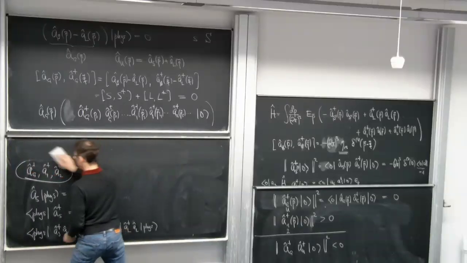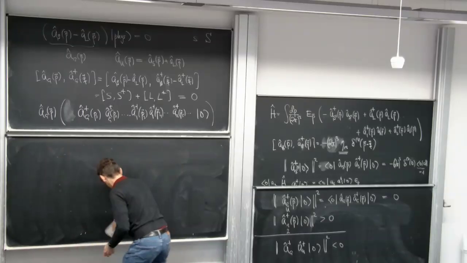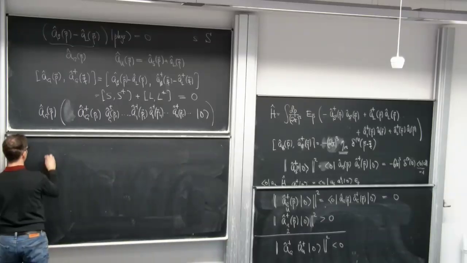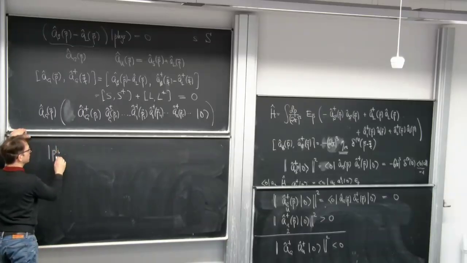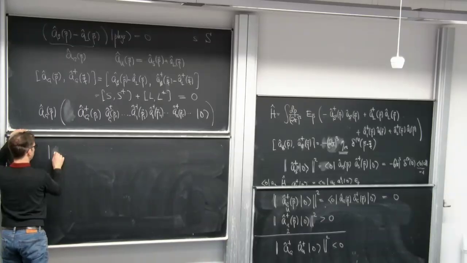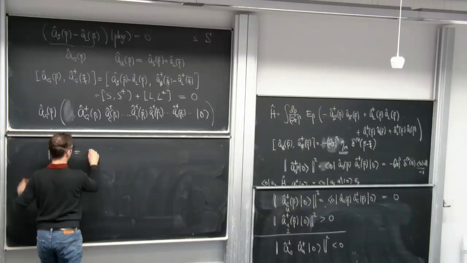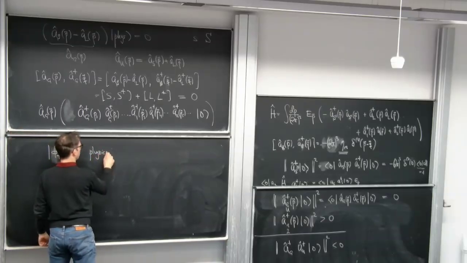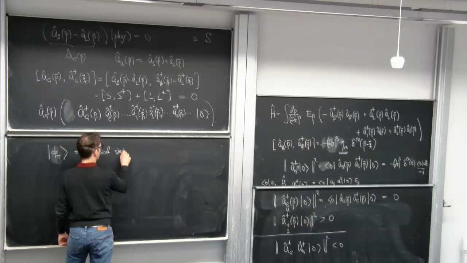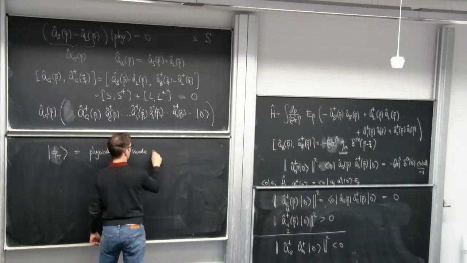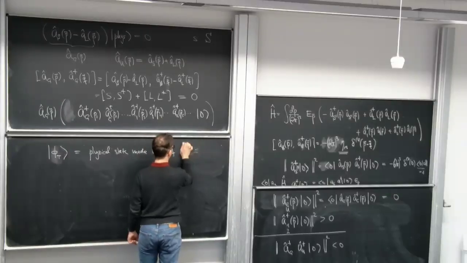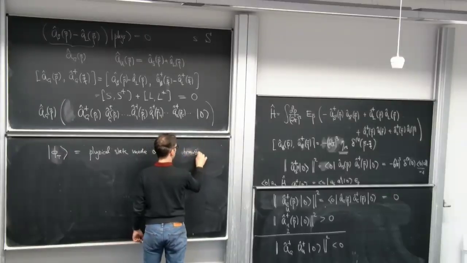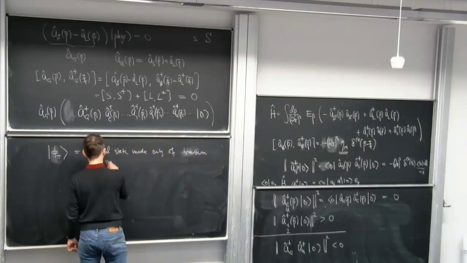So if we have a physical state, let's say this, we have a state, physical, phi T. This is equal to a physical state made only of 1 and 2, well, only of transverse photons.